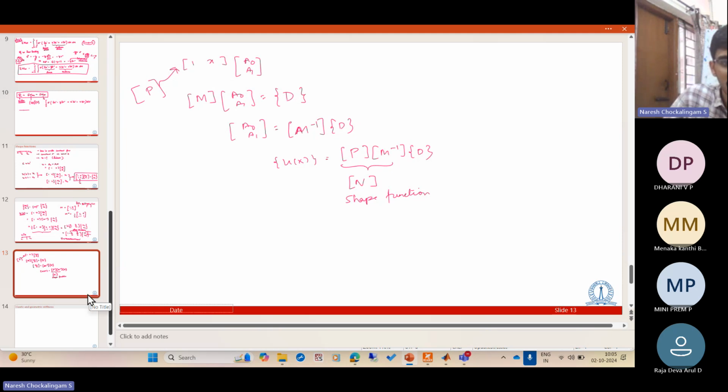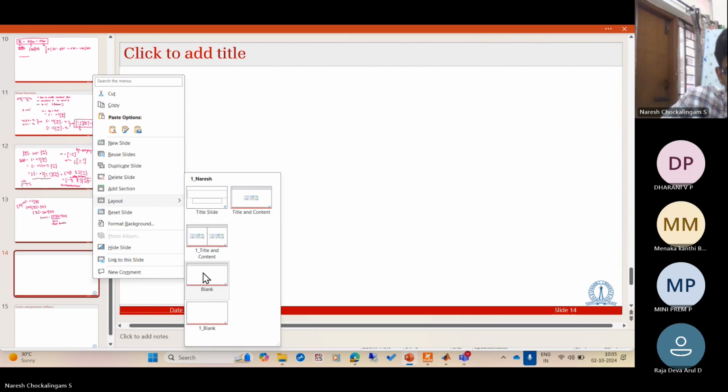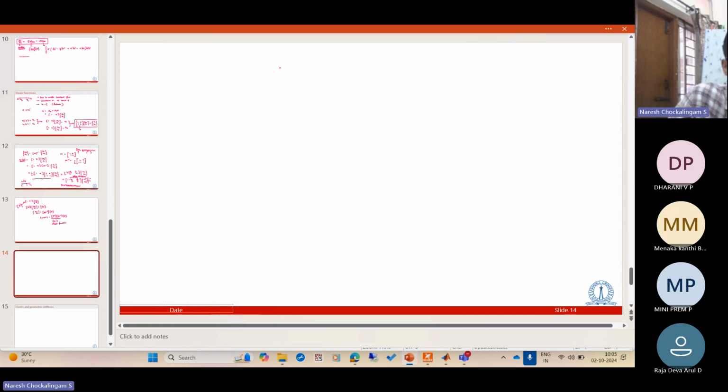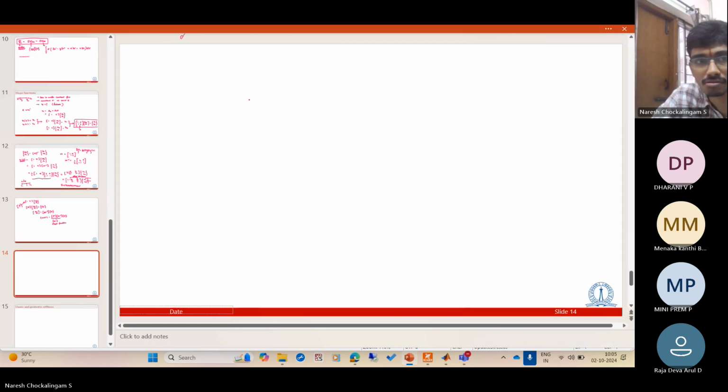Now, can we do it for the beam problem? What is constant in a beam? We have a beam subjected to some forces at the two ends.